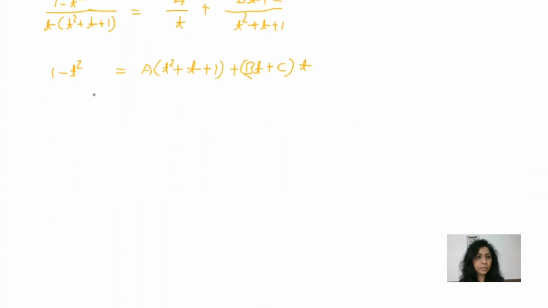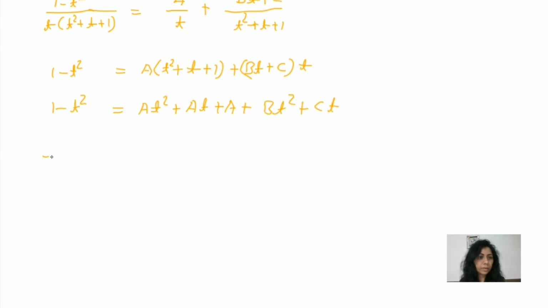Now open the parentheses: a t square plus a t plus a, and b t square plus c t.